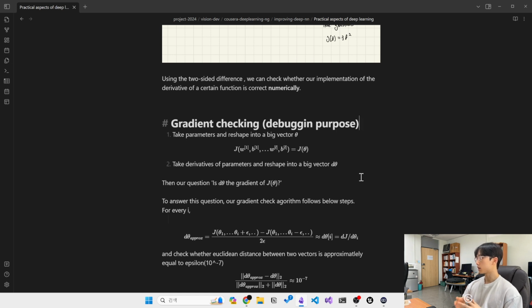And then we also take the derivatives of the parameters and reshape them into a big vector, which is d theta. And then our question is: is d theta the gradient of J theta?